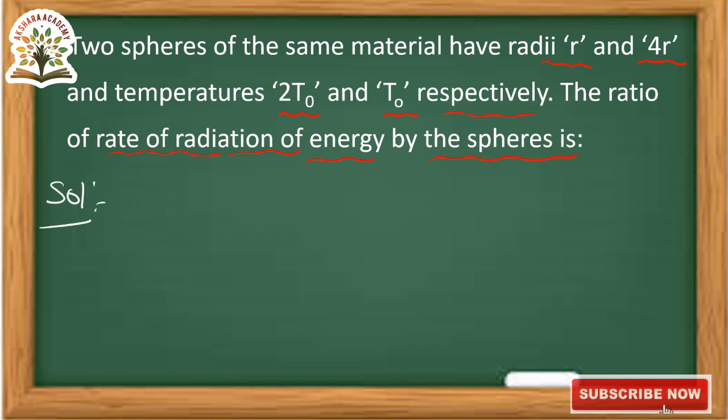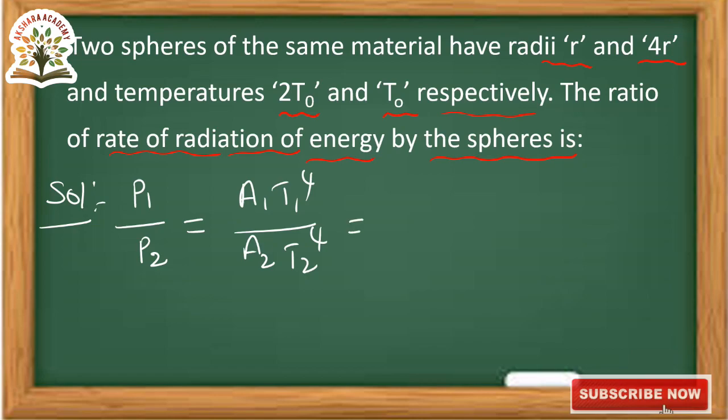P1 by P2 is equal to the ratio of the rate of radiation of energy. P1 by P2 is equal to A1 T1 to the power of 4 by A2 T2 to the power of 4.